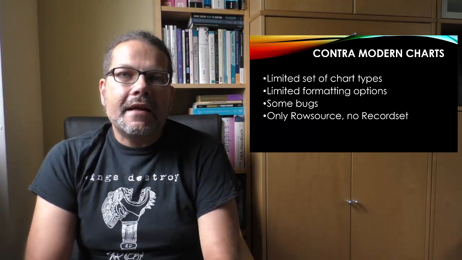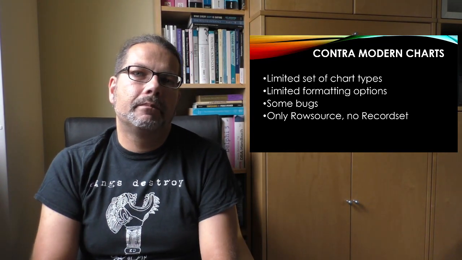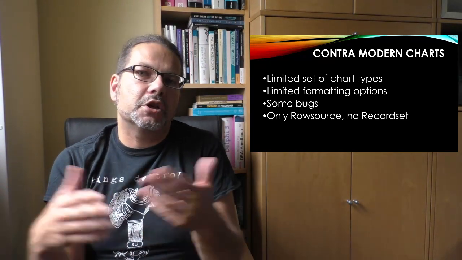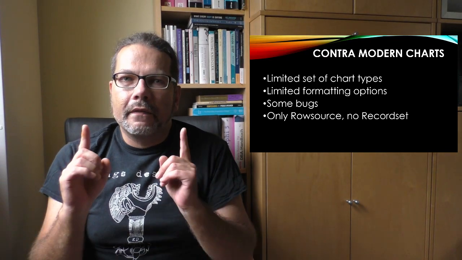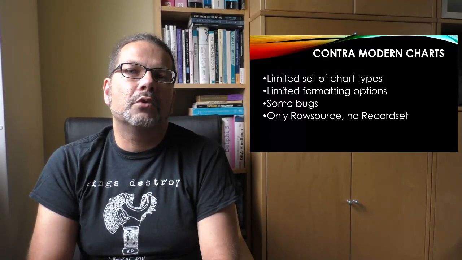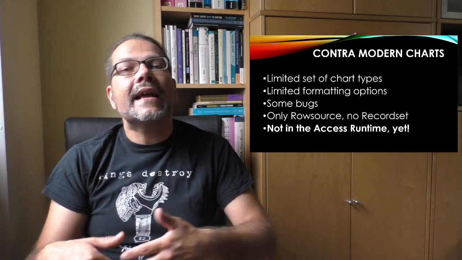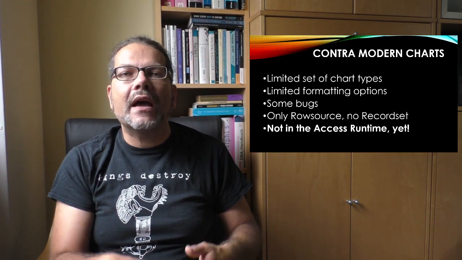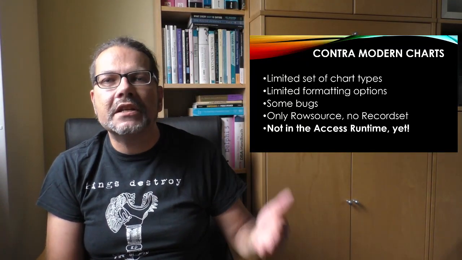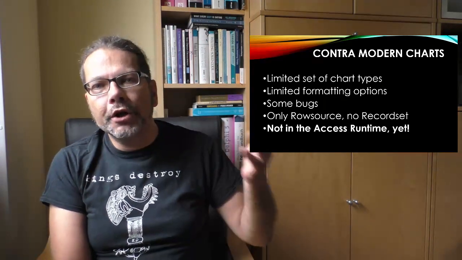But there is one thing that will affect quite a lot of people, and that is a showstopper right now. This modern chart control is not available in the Access runtime yet. Well, I hope when Access 2019 becomes available that there will be obviously a new runtime version for Access 2019, and that will naturally include the modern charts.